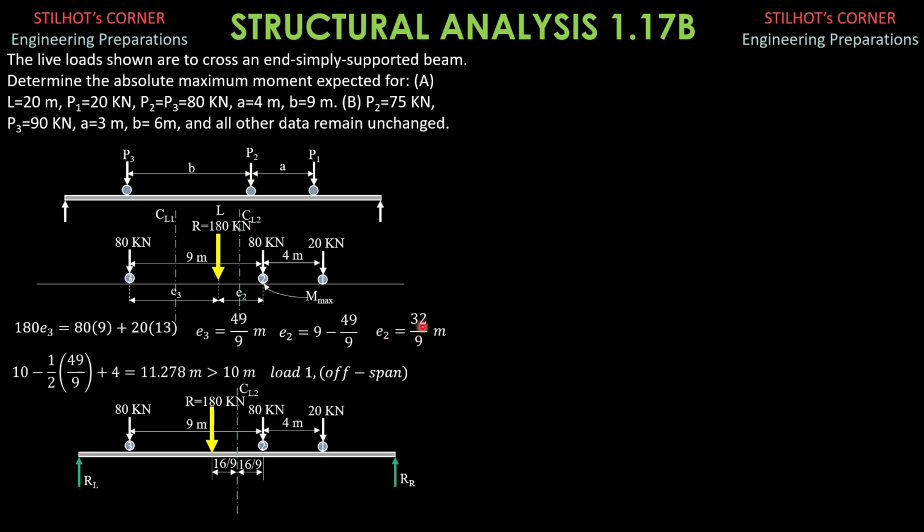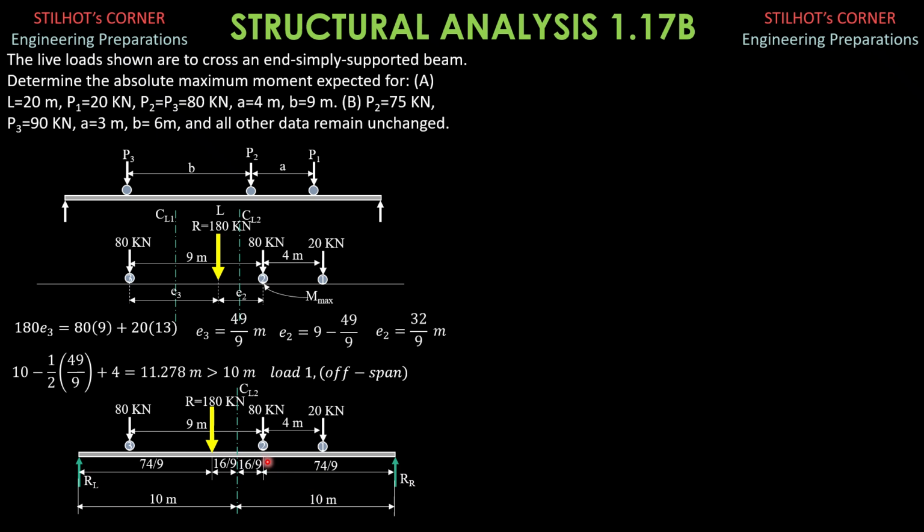So half of 32 over 9 is 16 over 9 as shown. Since the length of the beam is 20, half the length is 10, and therefore the distance of the resultant from the left support, which is also the distance of load 2 from the right support, is 10 minus 16 over 9, and that would be 74 over 9 meters.